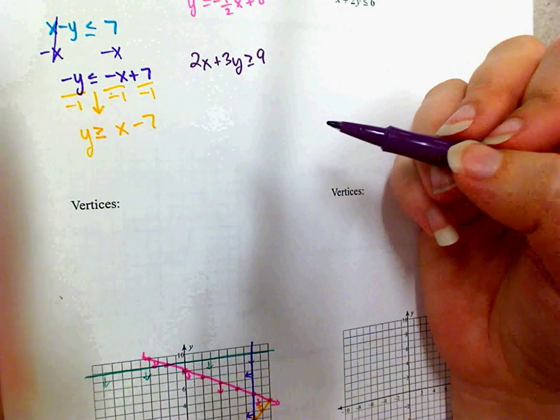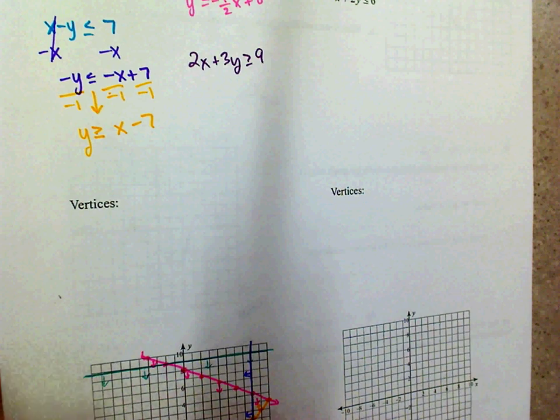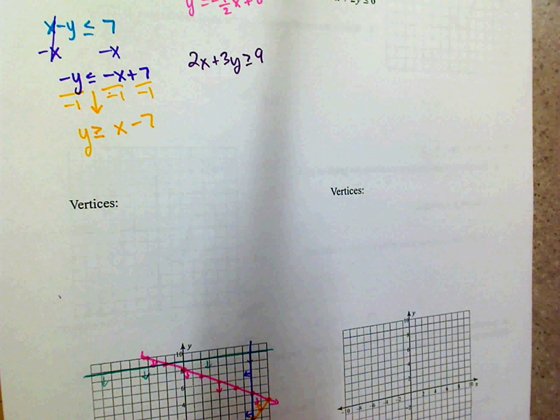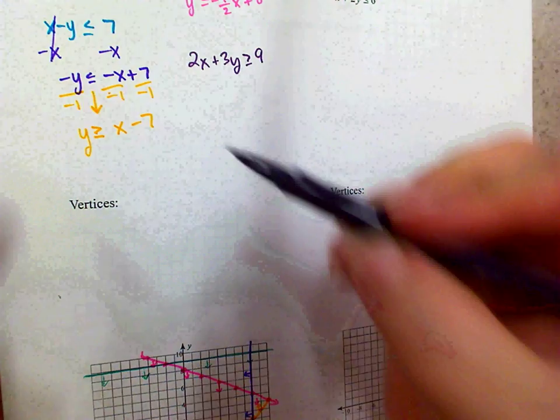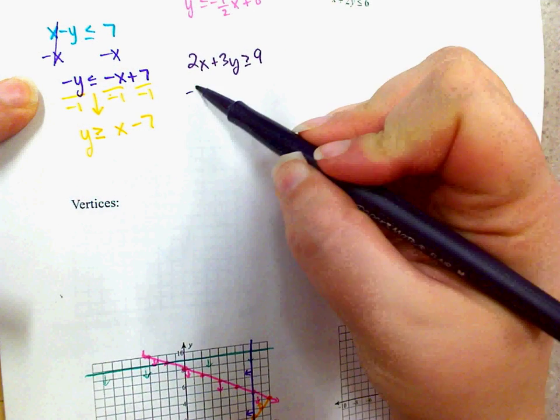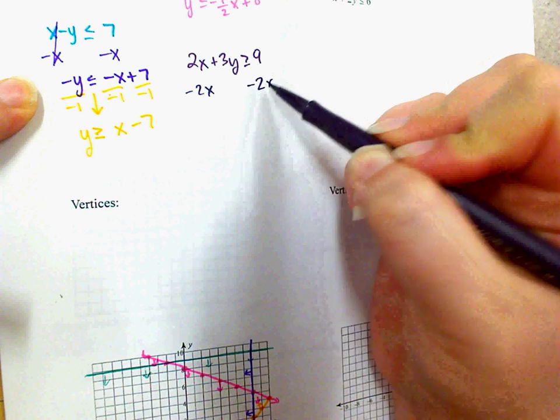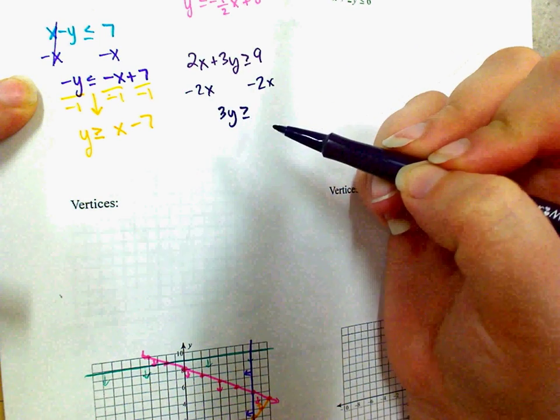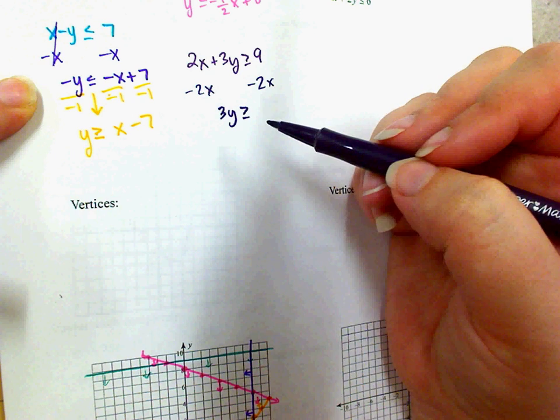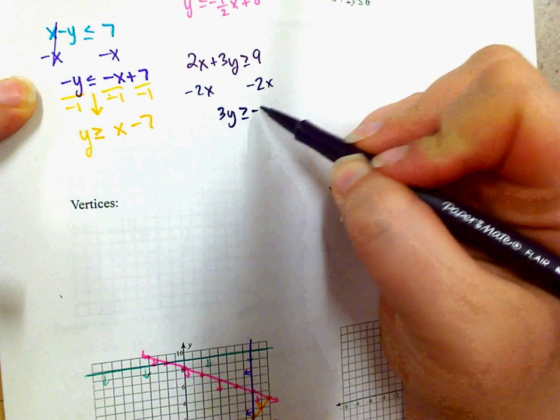So first step, okay, minus 2x. So I'm left with 3y is greater than or equal to negative 2x plus 9.